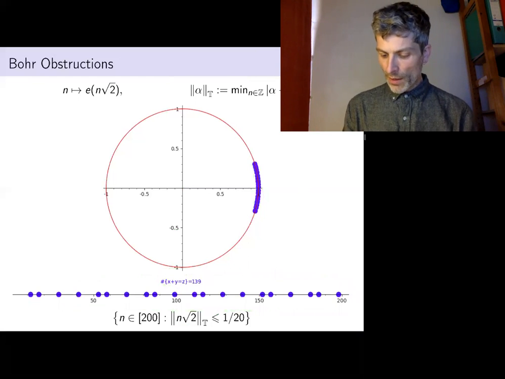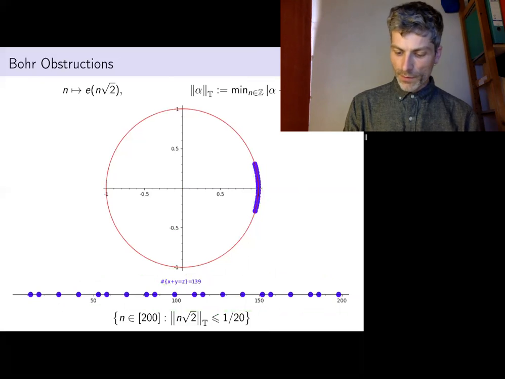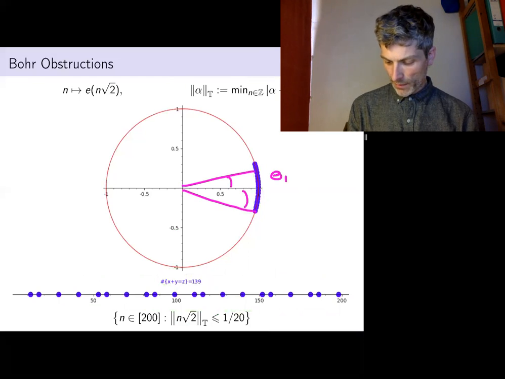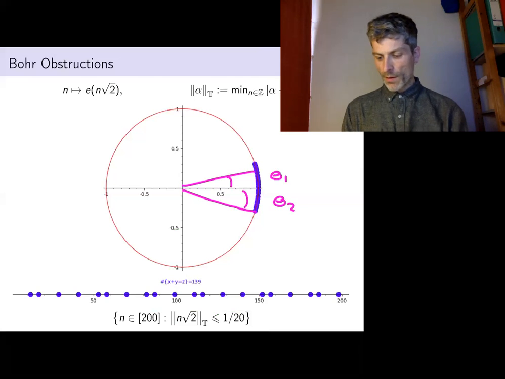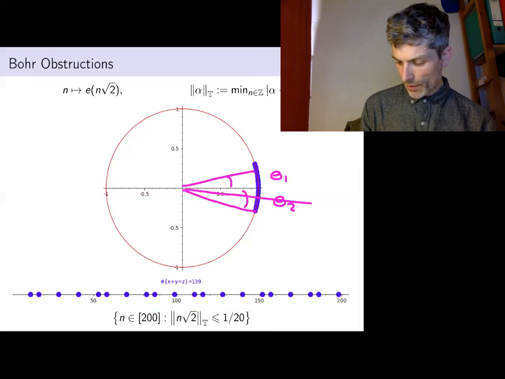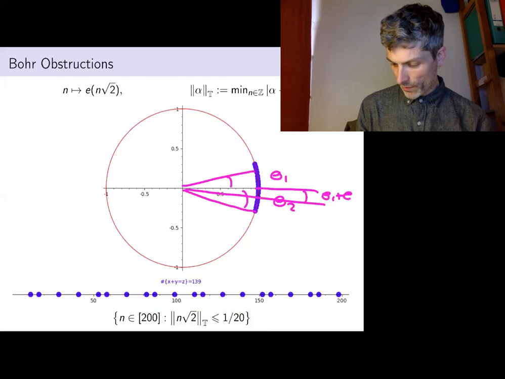It has more solutions because if you took two angles, theta 1 and theta 2, in this arc, then you add theta 1 to theta 2, and maybe you get a new angle. This is theta 1 plus theta 2.